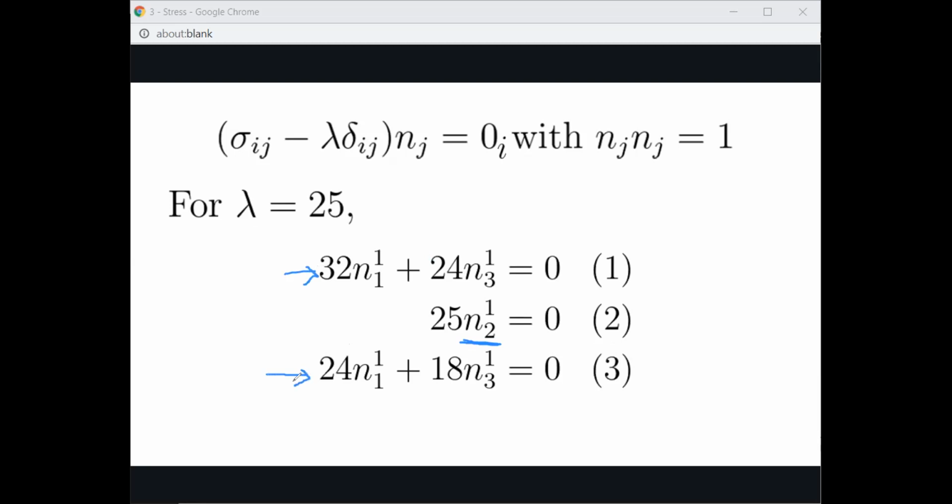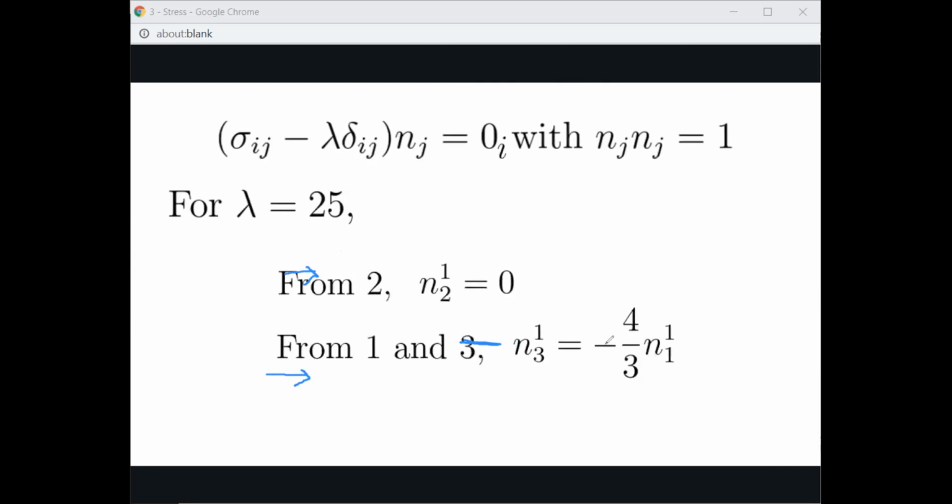Okay, so if you simplify both of these equations, they say the same thing. That is n13 is equal to -4/3 n11. Okay, and that's quite normal if you're solving eigenvalue problems.